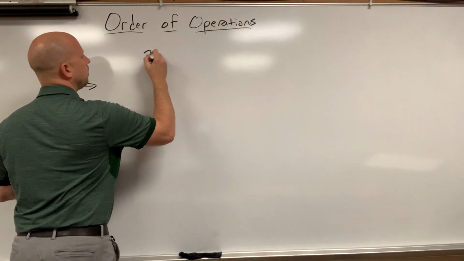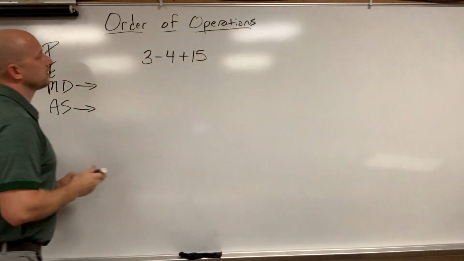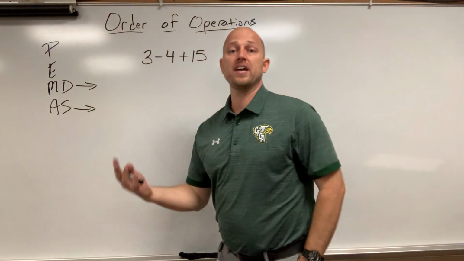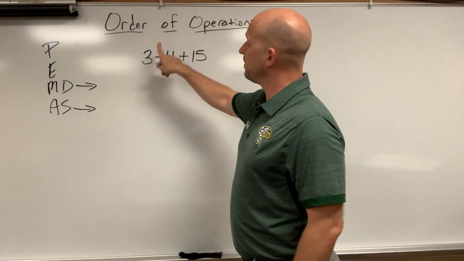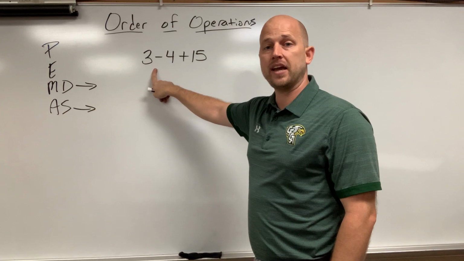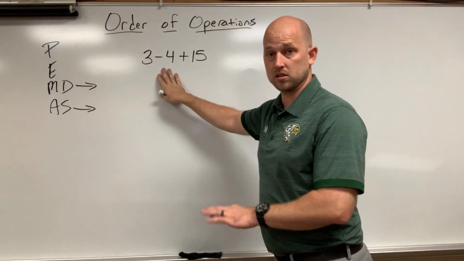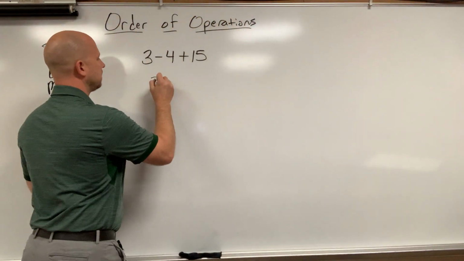So let's go 3 minus 4 plus 15. In this case, if you go the way you were originally taught and say I'm supposed to add and then subtract, this is where things can go wrong, so I'm going to show you. We're going to do it the original way. What's 4 plus 15?